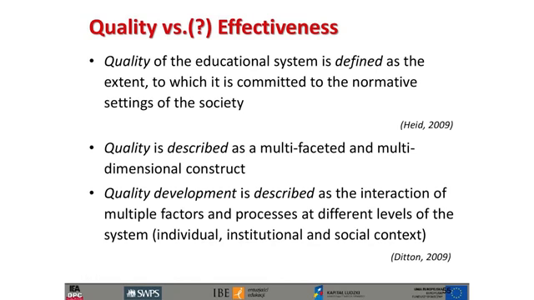And quality development is described as the interaction of multiple factors and processes at different levels of the system: individual, institutional, and social context. So as you see already from these definitions, this is a very wide and general approach to define the quality.